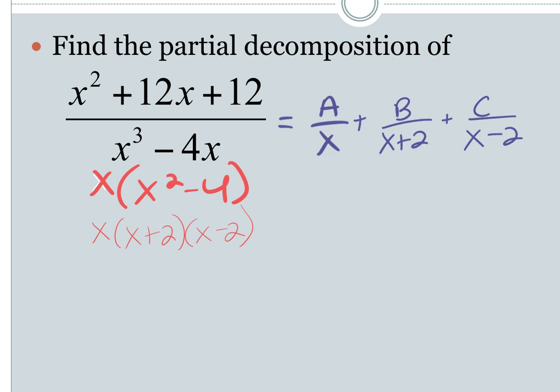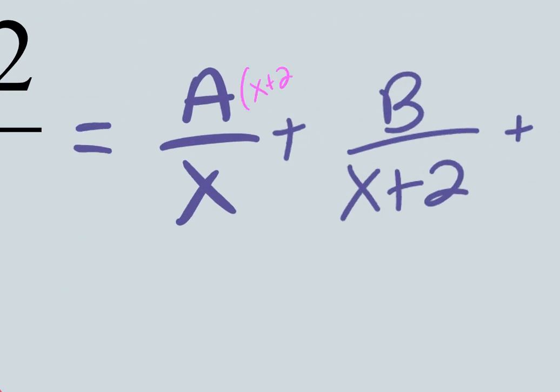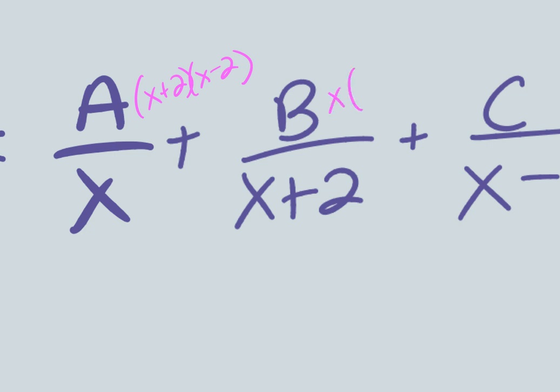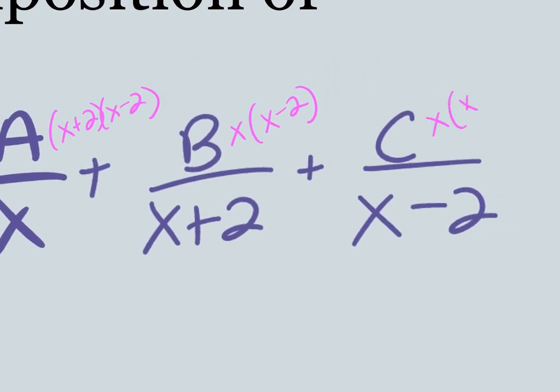Okay, so now what's the next step? You do the 3 parts and you put like for A... What's going to be missing from each denominator, right? And this time it's going to be 2 things. So from A, I'm missing the x plus 2 and the x minus 2. From B, I'm missing the x and the x minus 2. And from C, I'm missing the x and the x plus 2.